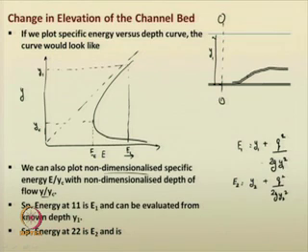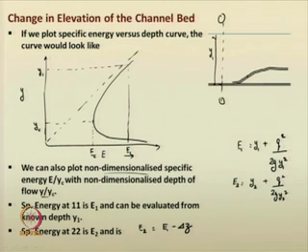Though those can now be interrelated, you can use the continuity equation for determining the relationship between y 1 and y 2, and subsequently you will see that the specific energy at section 2 2 is E 2, and E 2 is nothing but equal to E 1 minus del z, based on the conservation of energy law, because we are neglecting all the other types of energy losses.